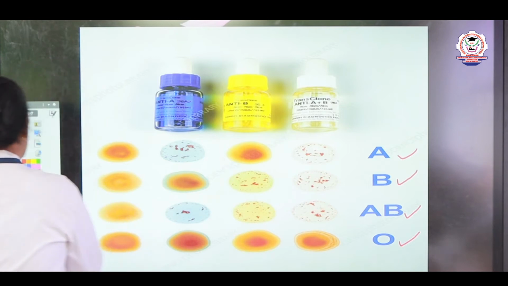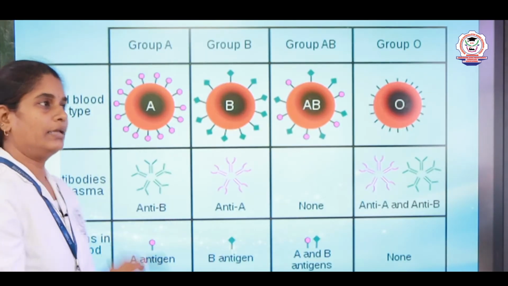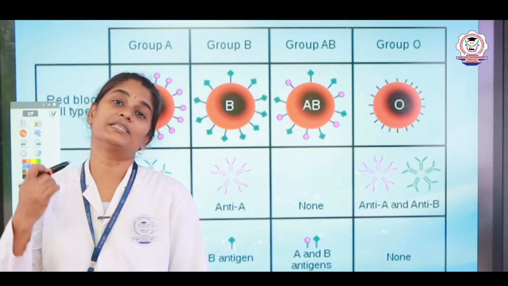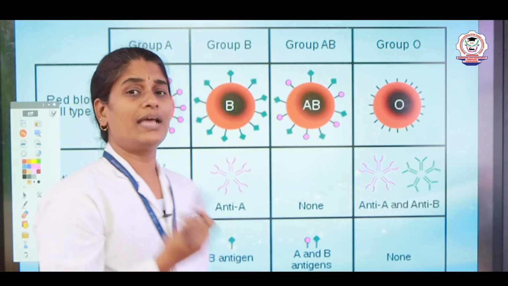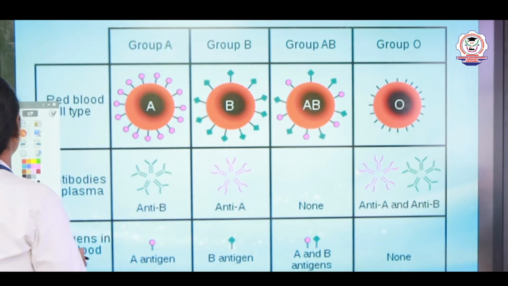Now let us see, we can classify the A, B, AB and O blood groups according to the presence of antigens. What are the antigens that are present in each type? Let us see. First we will see A blood group.